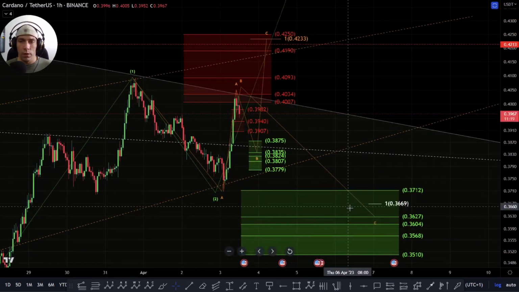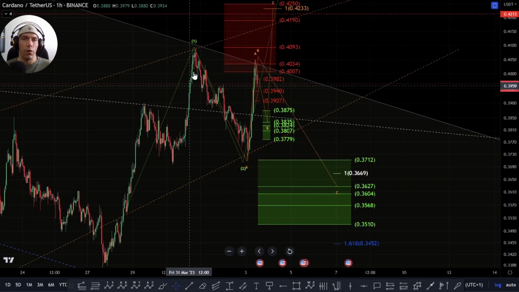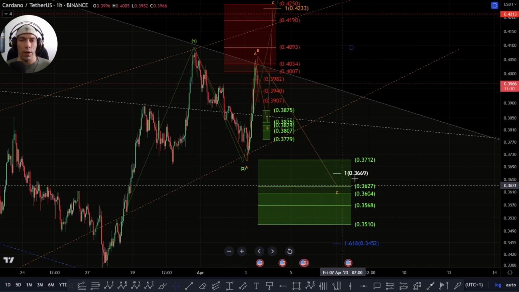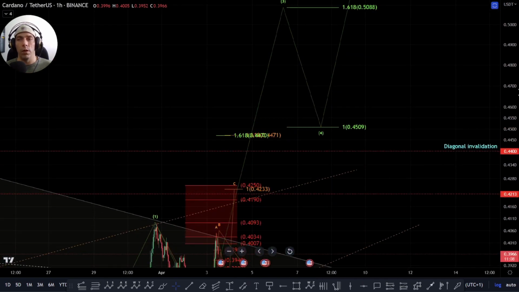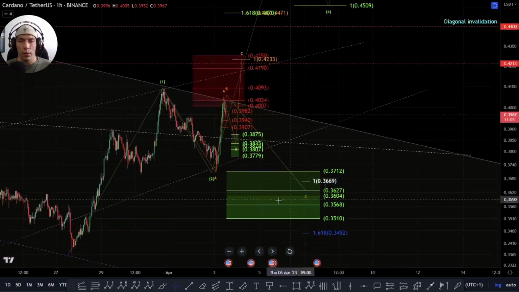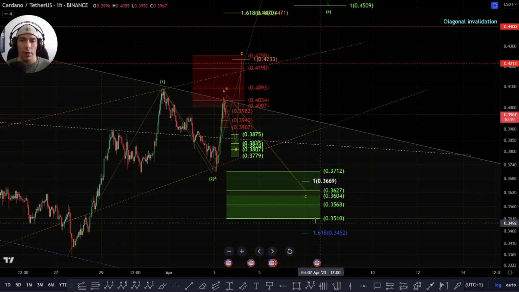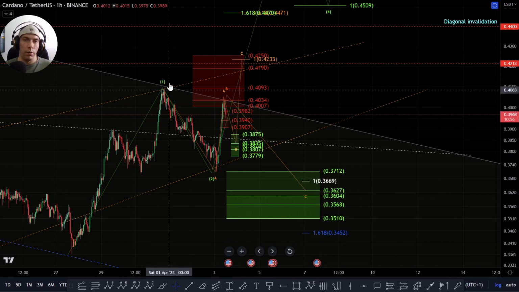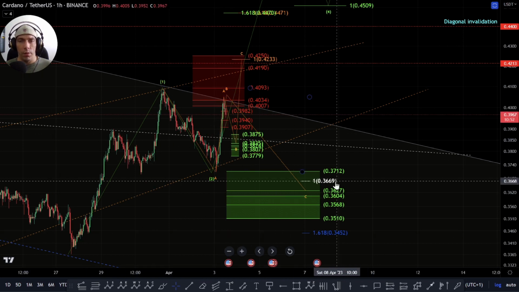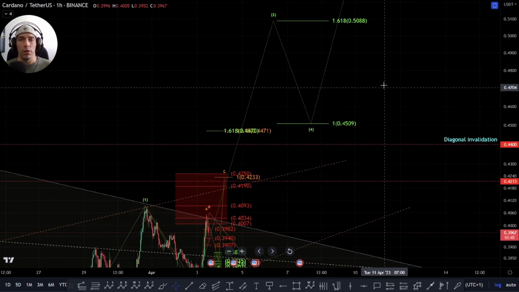Even if we do move down here in this C wave, it doesn't invalidate it. Invalidation's only at this 33.65, and then this whole move here would be a wave 1. We'd still look for that wave 2, and then possibly that bigger third wave. If we did come down deeper into this green support box, and potentially retest some of these lower areas, what we could then have is, like I said, a wave 1 and a 2, and then this target would change from this 50 cent.